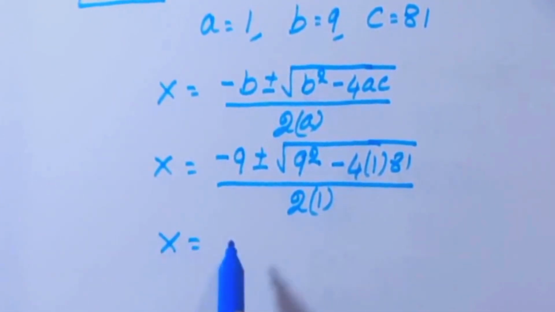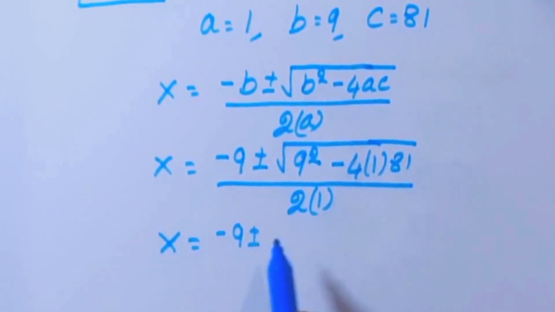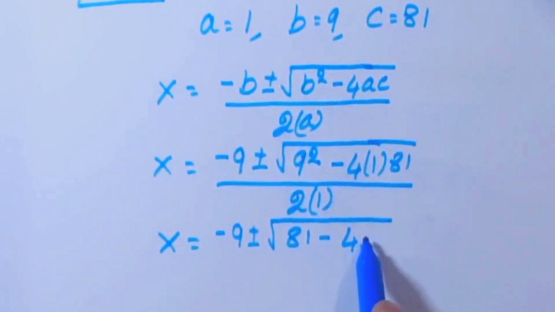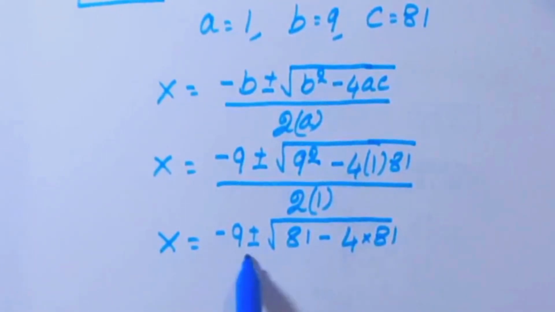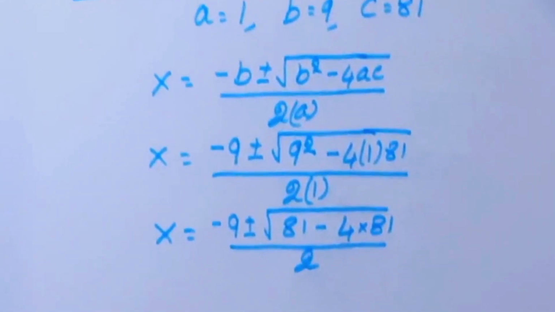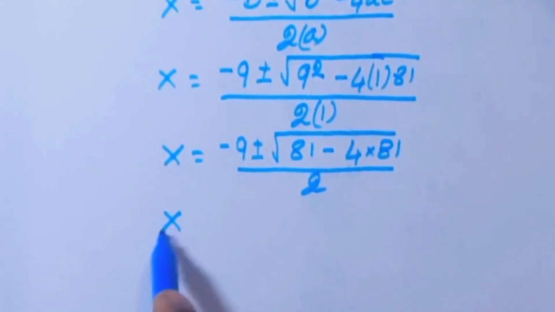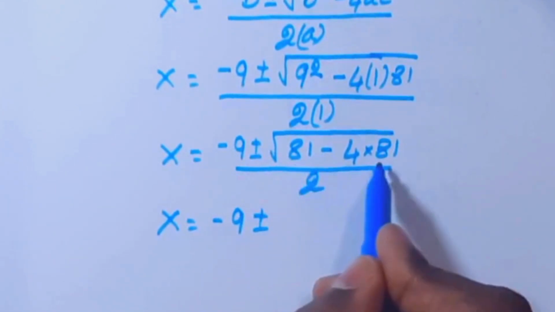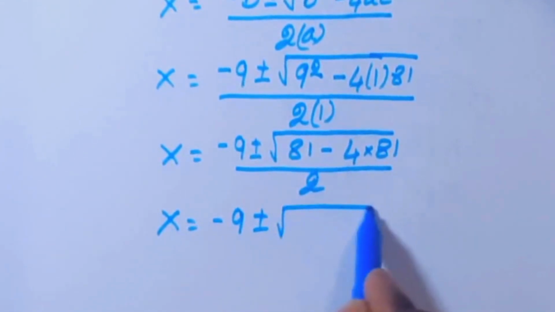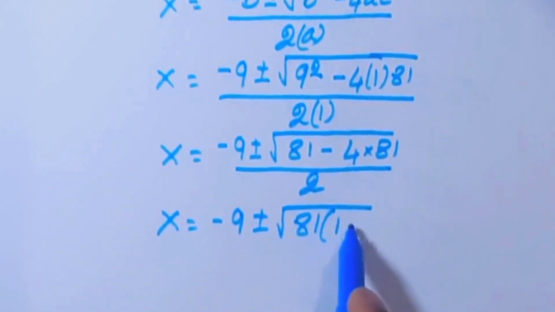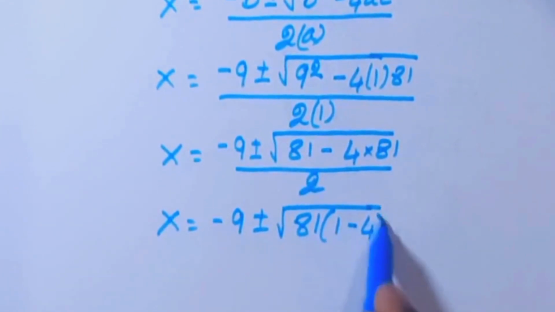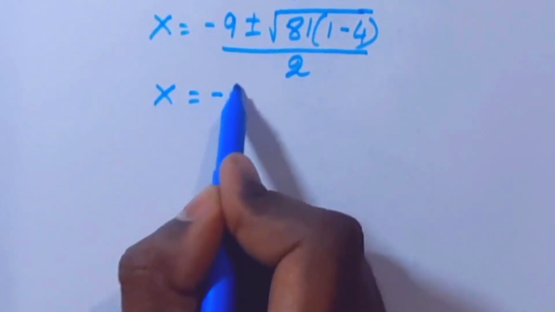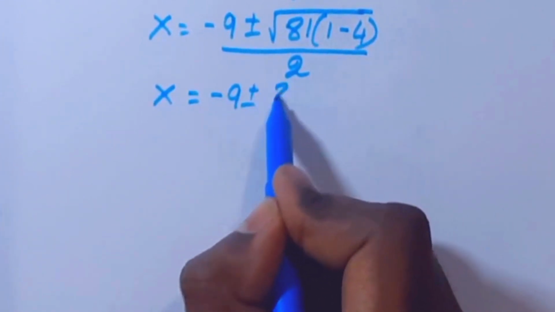Now x equals minus 9 plus or minus square root of 81 minus 4 times 81, by 2. Here 81 and 81 is common. We are going to take 81 common: 81 times (1 minus 4), by 2. Now x equals minus 9 plus or minus square root of 81 times minus 3, by 2.